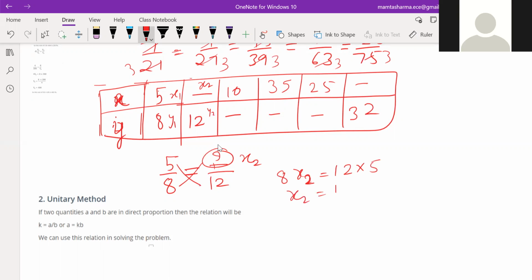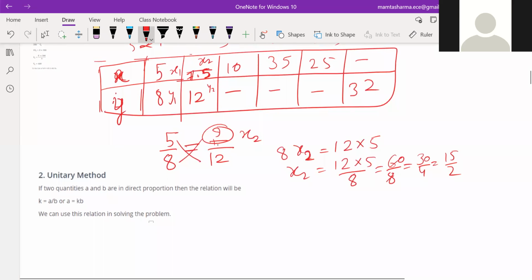Now X2 would be 12 into 5 divided by 8. 12 fives are 60 by 8. You will get 30 by 4, or you can say 15 by 2, which is 7.5. Is this okay? This method is clear.